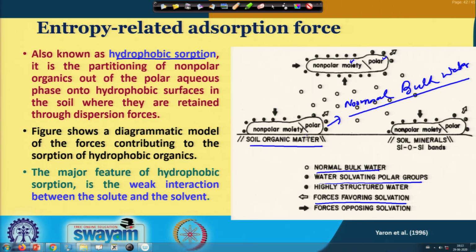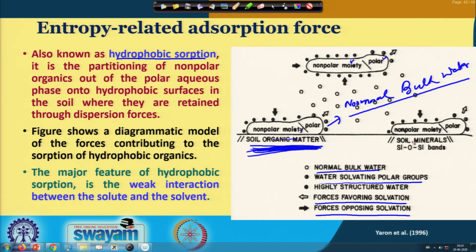However, this nonpolar moiety will feel a force opposing the solvation, obviously, because this is hydrophobic in nature. And you can see here the hydrophobic sorption is occurring onto the soil organic matter, which is by default hydrophobic in nature. So, this soil organic matter has the capacity to separate out this nonpolar moiety from the polar aqueous phase mixture, and this is known as hydrophobic sorption.